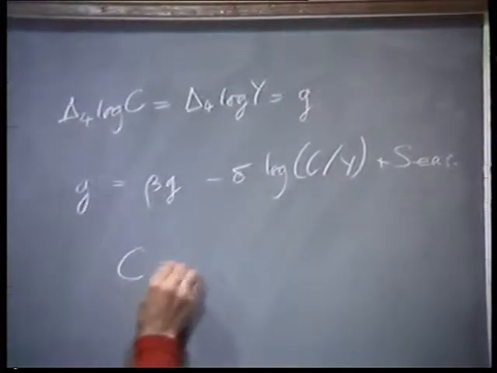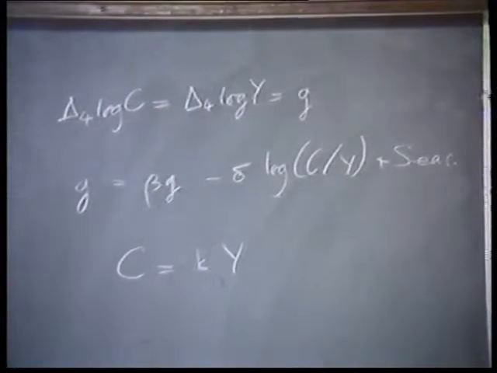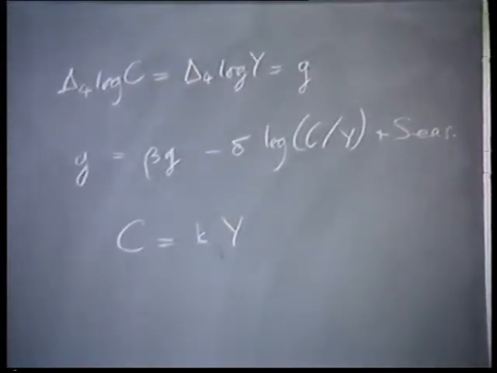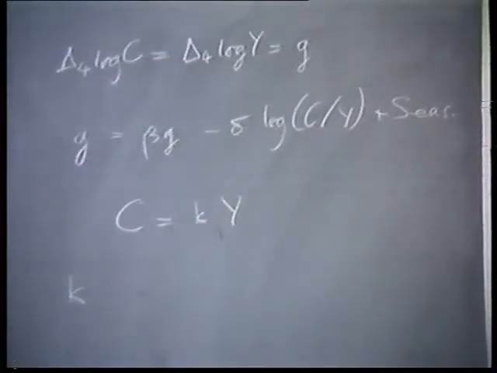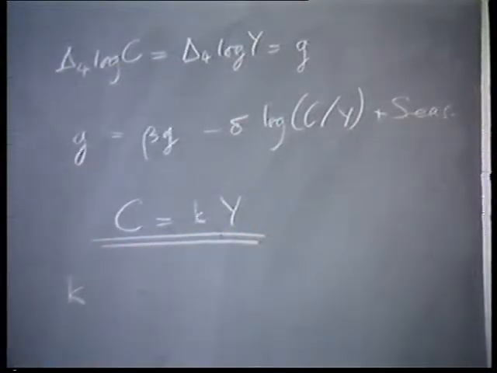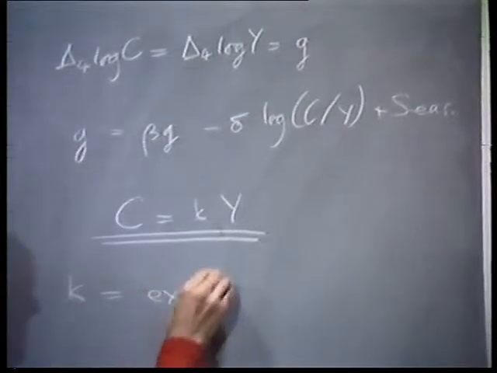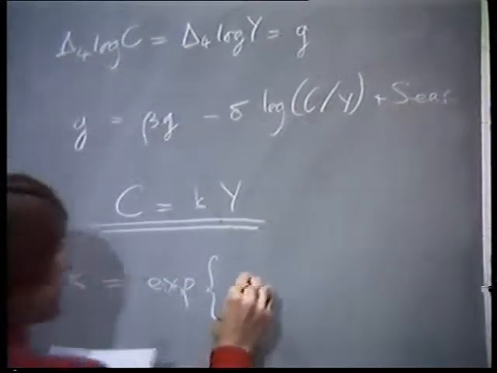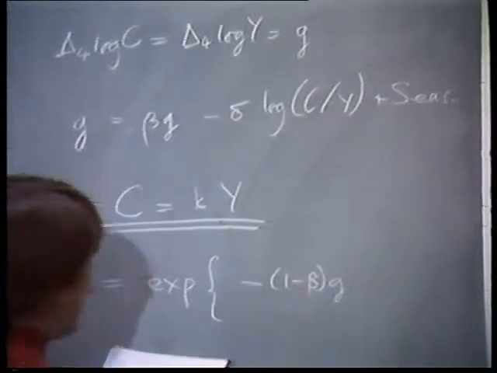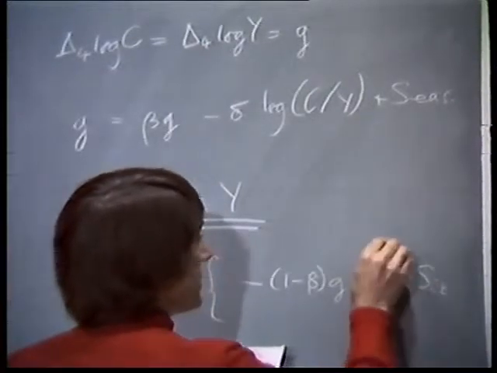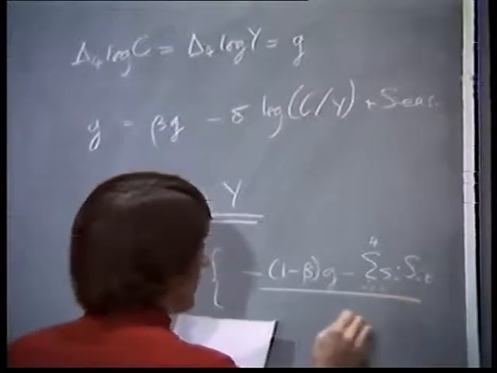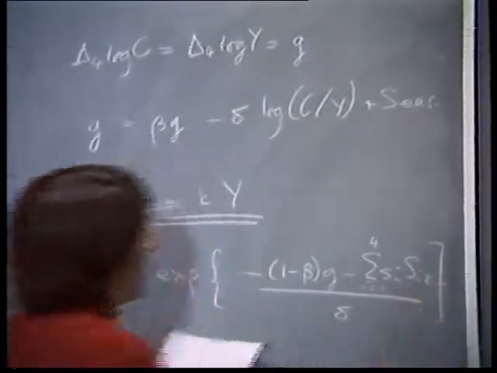And that gives us a solution in the long run of exactly this form, where if we solve that now for the log of C in terms of all other variables, and then take the exponential of that expression, we get an expression of that form where K is equal to the exponential of minus 1 minus beta times G minus the sum of the s_i, i from 1 to 4, divided by delta.